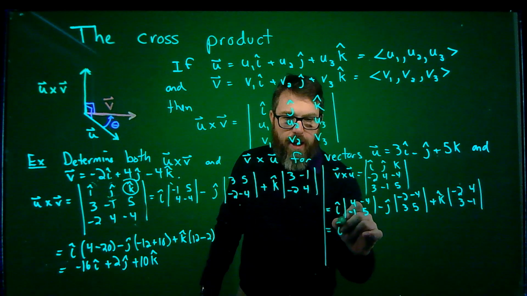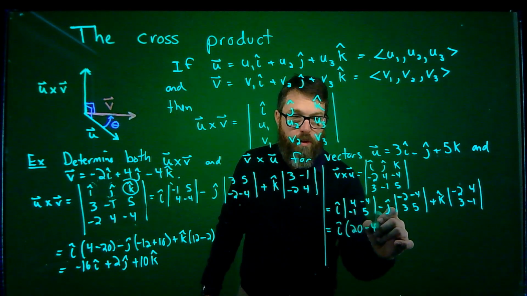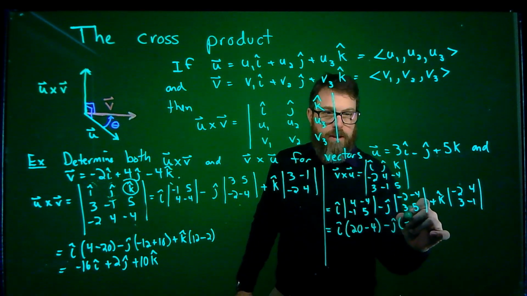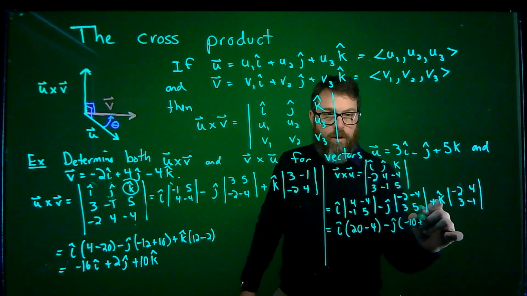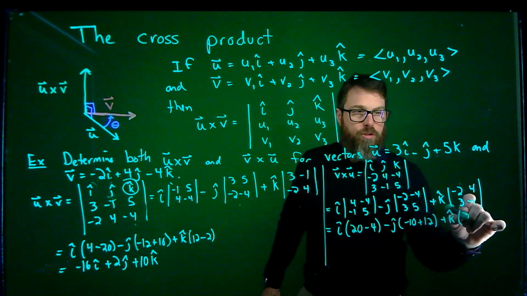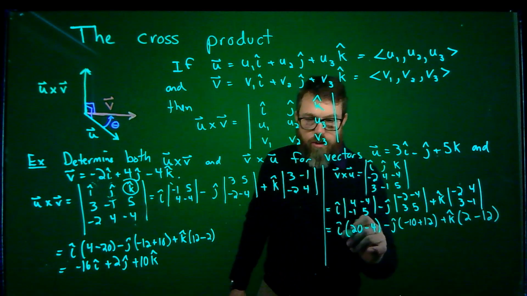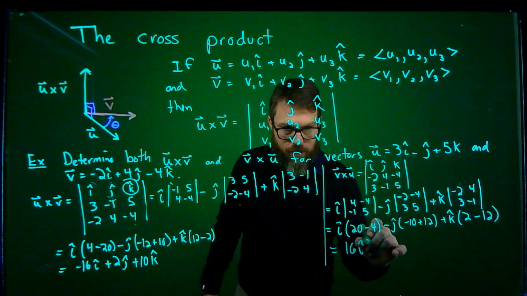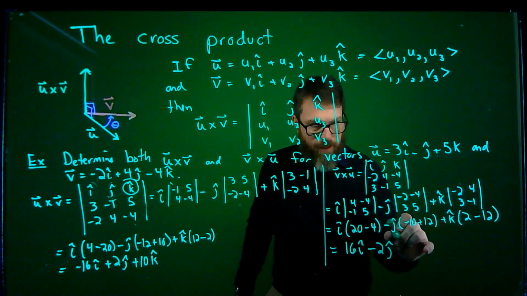So this is going to be i times 20 minus a negative 4, or just minus a positive 4, so 20 minus 4, minus j, this is going to be negative 10, minus a minus 12, so plus 12, and then plus k times 2 minus 12, which is good. So then I get 16i, and this is going to be minus 2j, and then finally minus 10k.